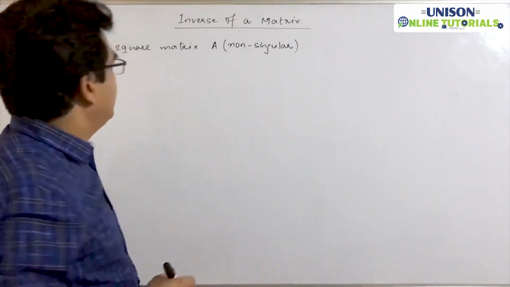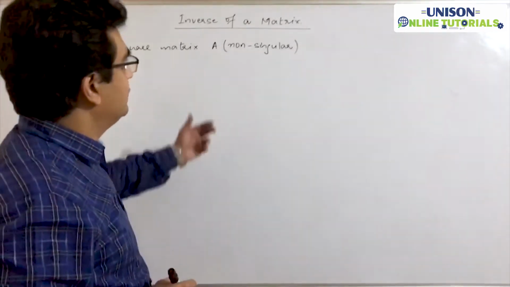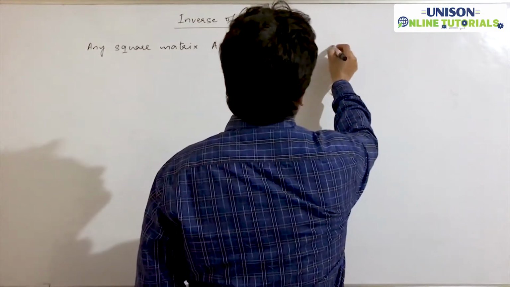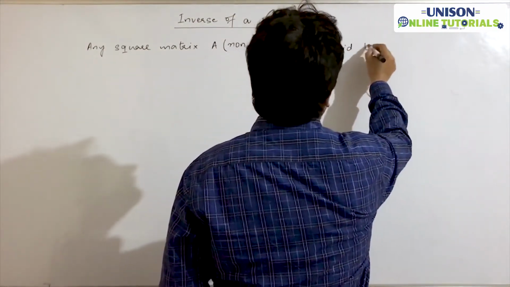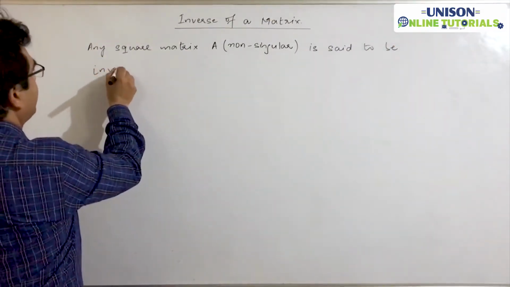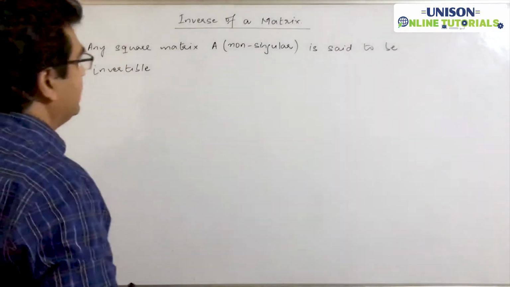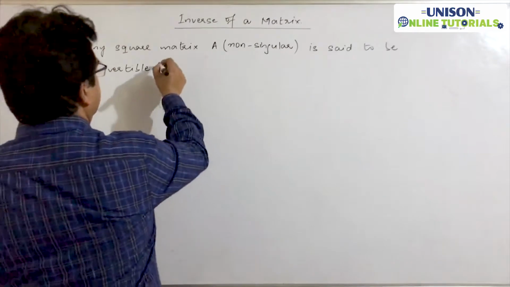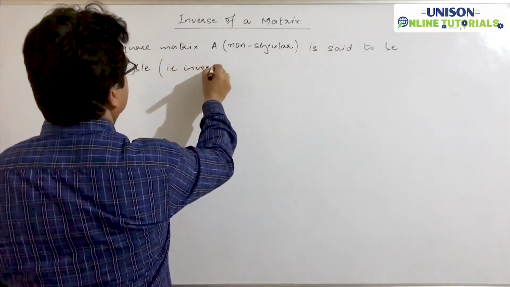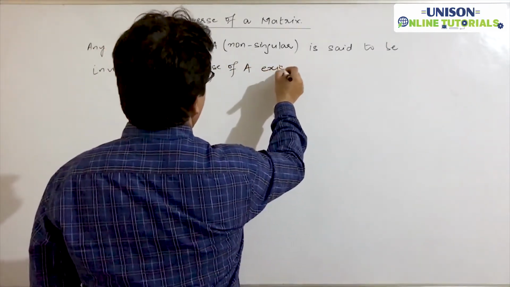So any square matrix A whose determinant is not equal to 0 is said to be invertible, that is, the inverse of A exists.